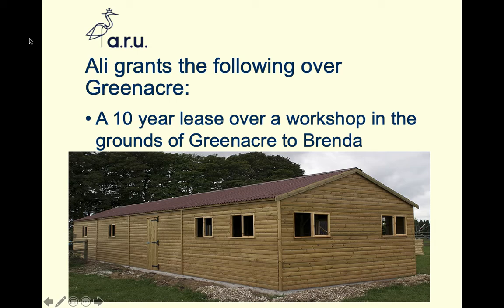Again, Ali vests as the holder of the fee simple absolute in possession under section 1.1a. We should be able to quickly articulate and identify that Brenda has got the term of years absolute under a tenancy, section 1.1b of the Law of Property Act 1925.